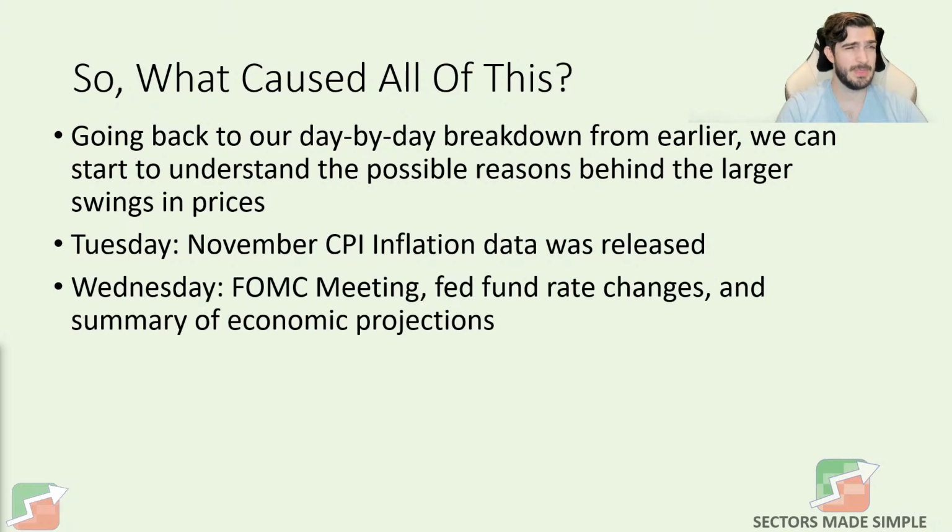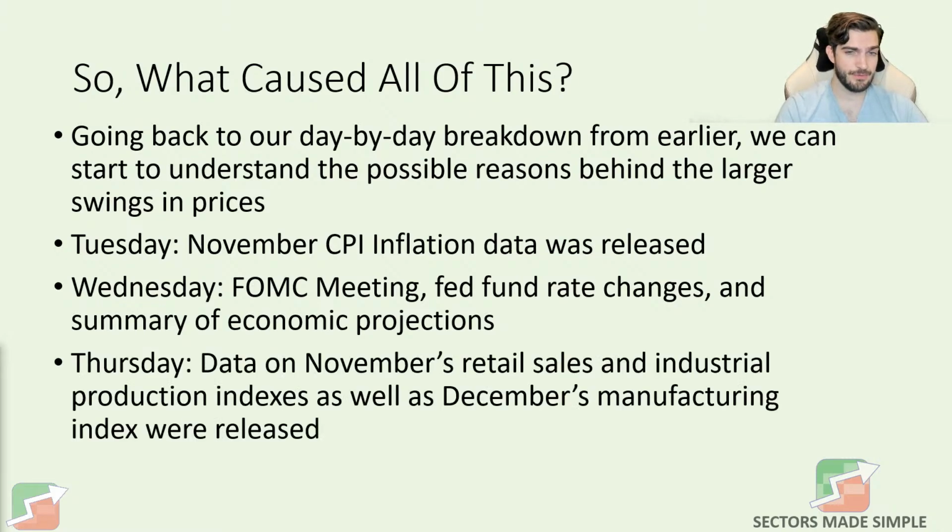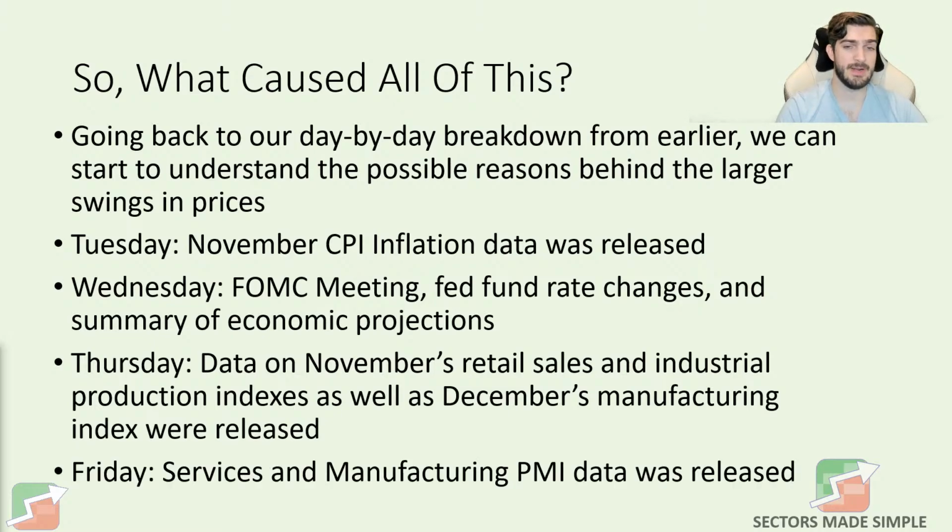Wednesday was the headline day, where we got the FOMC meeting, or the conclusion of the FOMC meeting, because that also took place on Tuesday, federal funds rate changes, and a new summary of economic projections for the year end of 2022. Thursday, we got data on November retail sales in the United States, the industrial production indices, as well as December manufacturing index data. And finally, on Friday, we got Standard & Poor's service and manufacturing price measured index data.